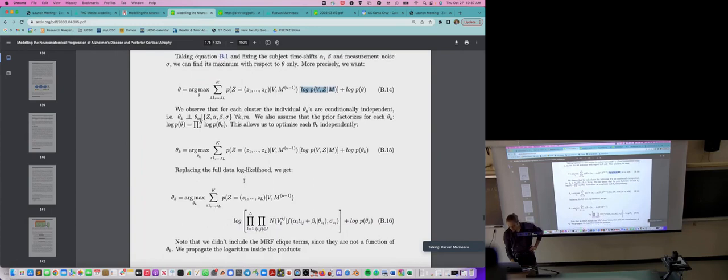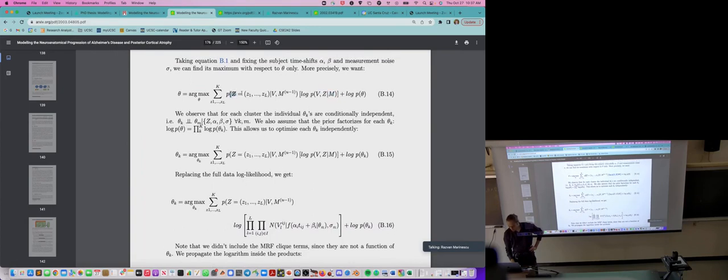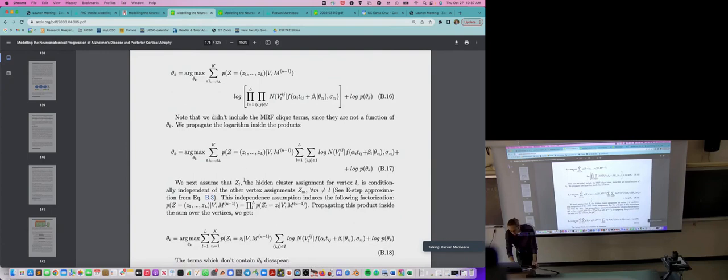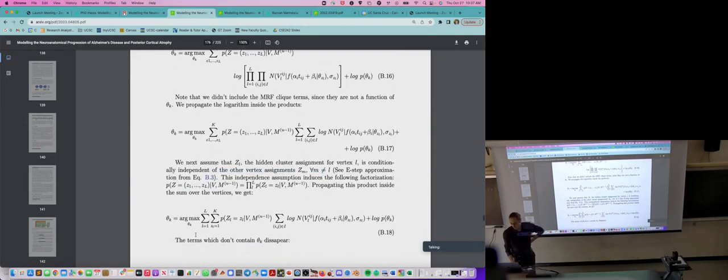You write it out. One of the first things we do is break this apart. This is a joint posterior over all the variables. You break it into multiple z1s and z2s. Here, we assume that z_l is conditionally independent from the other vertices, z_m.